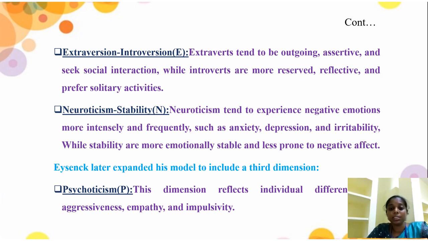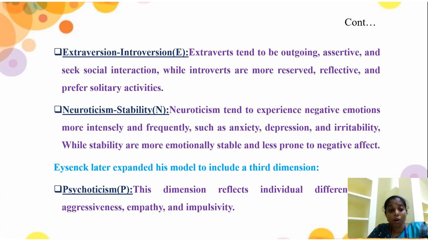A person with neuroticism always experiences negative emotions more than positive emotions and is emotionally unstable. A person with stability is more emotionally stable and less prone to negative effects.